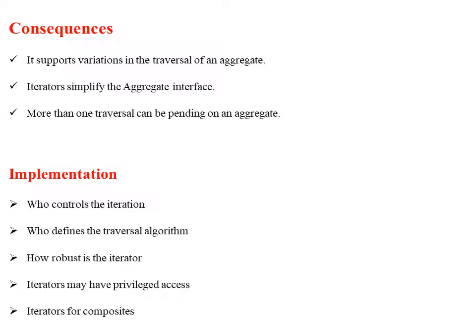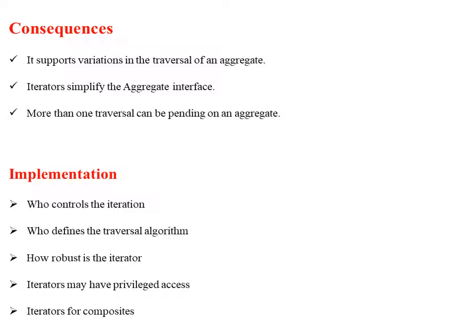This is another implementation technique. Before this I told you that we need not expose the internal structure. Only the internal structure information, keeping track of all the information, can be stored.